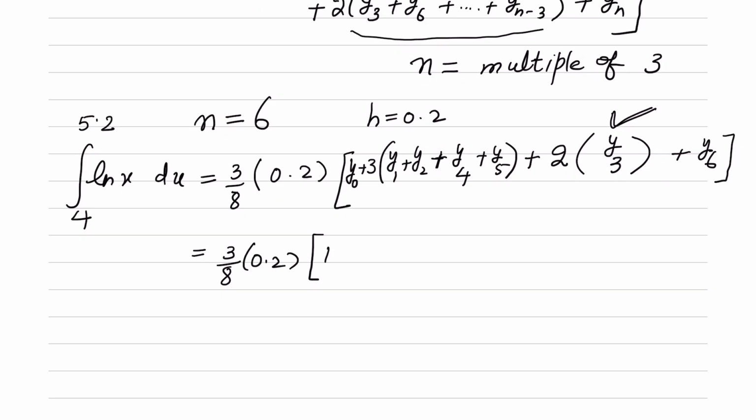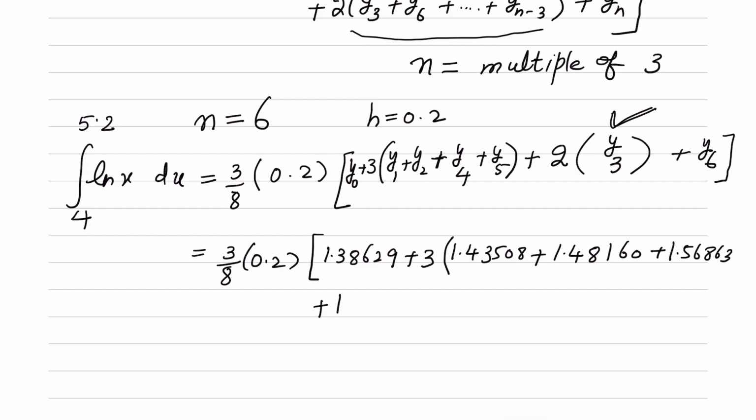So y0 is 1.38629 plus 3, y1 is 1.43508, y2 is 1.48160, y4 is 1.56863, y5 is 1.60944 plus 2 into y3 which is 1.52606 plus y6 which is 1.64866, and we close the bracket.